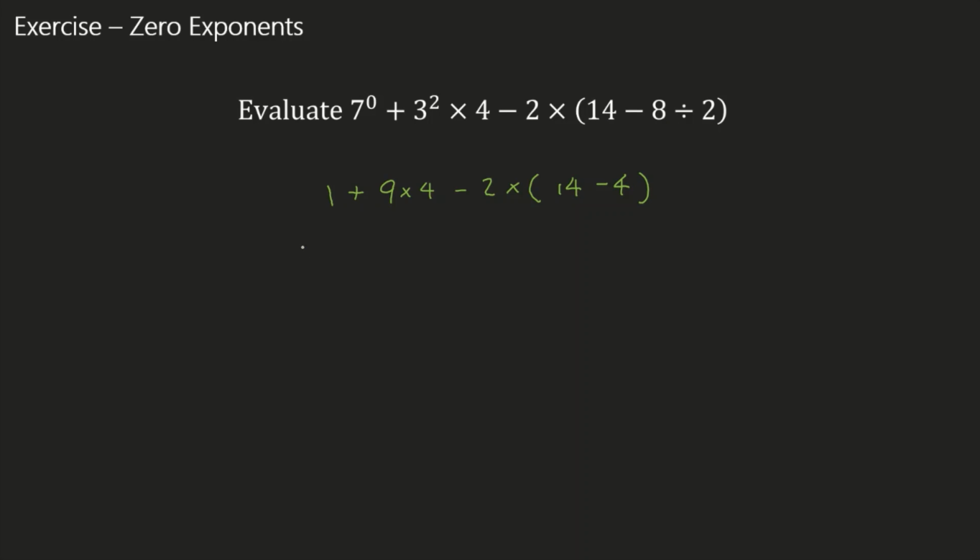So what we have is 1 plus 36 minus 2 times 14 minus 4 is 10. So what we have is 1 plus 36 minus 20. That's 37 minus 20, which gives us 17 as the final answer.